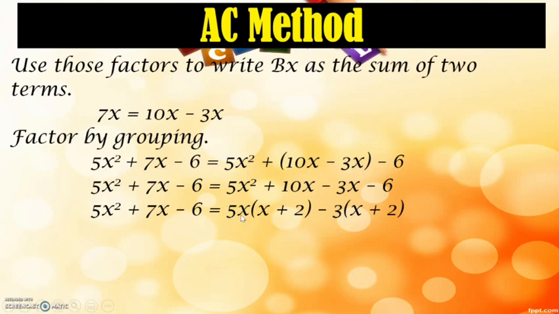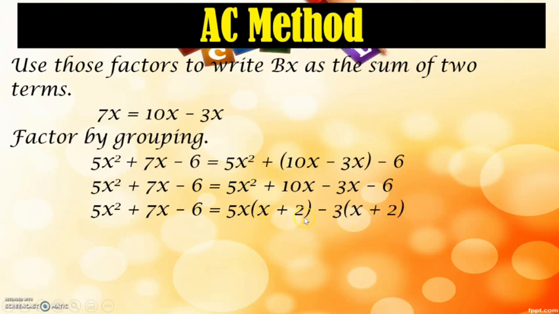After extracting it, what is left is x plus 2. Do the same with the second group. The common factor for negative 3x minus 6 is negative 3, and after extracting it, what is left is x plus 2.